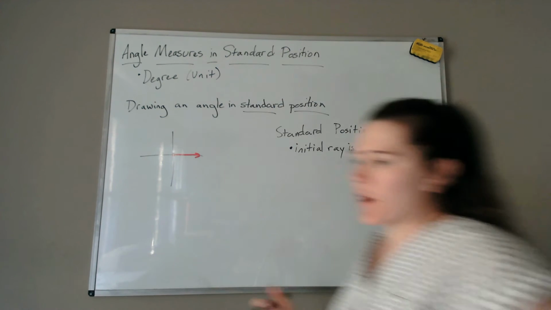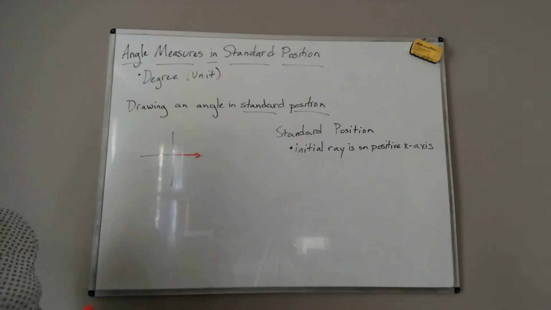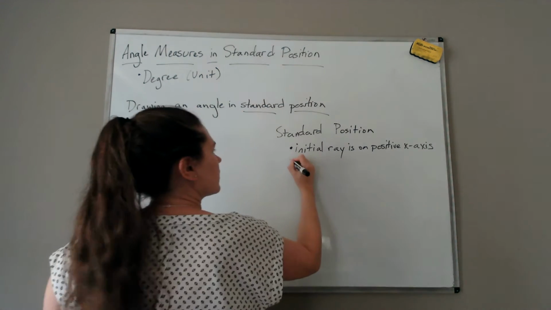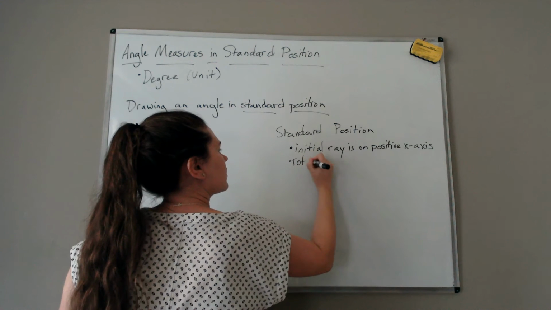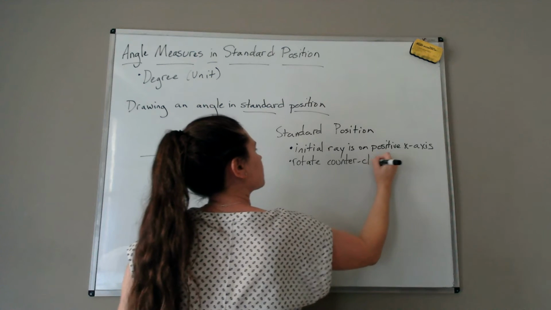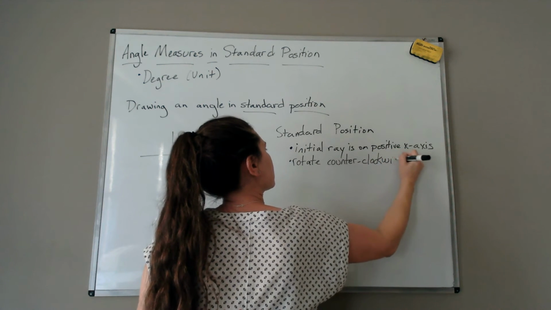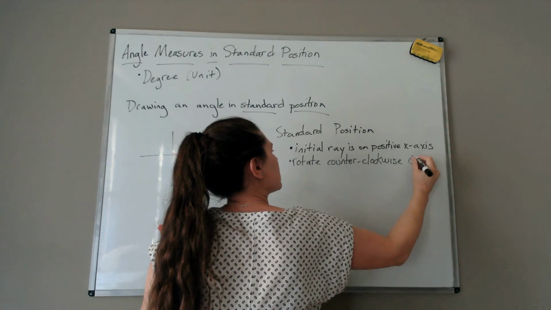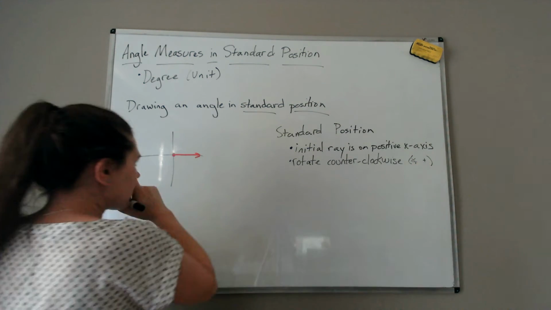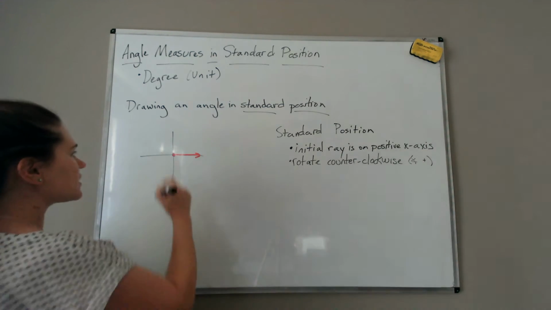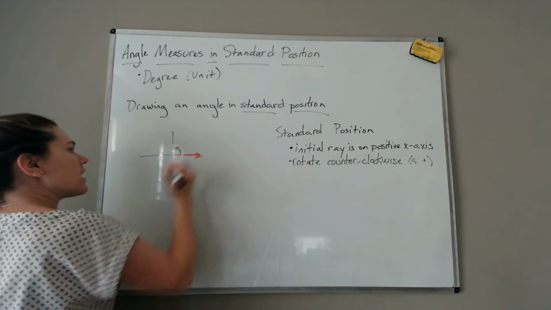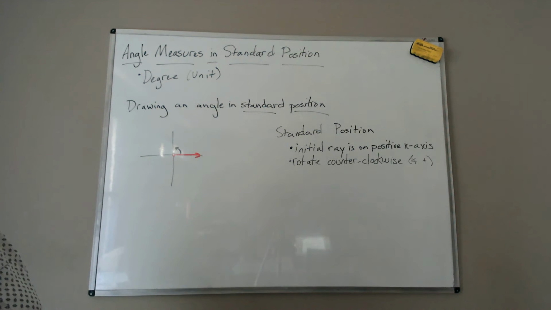And then, whatever the angle measure is, you rotate counterclockwise when the angle measure is positive. So if I have to draw an angle of 45 degrees, I always open up this way. I rotate counterclockwise if you're in standard position.